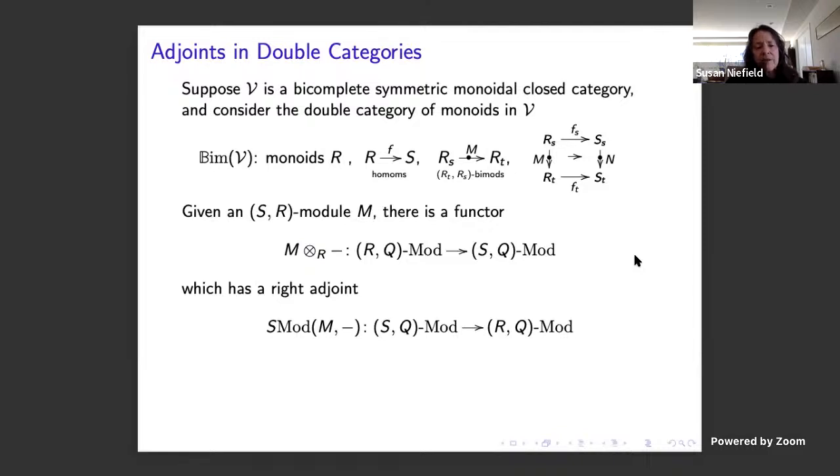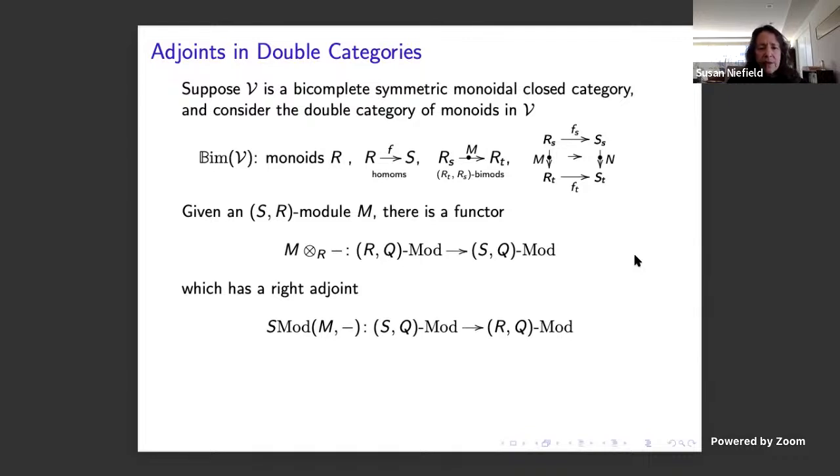Okay, let me remind you, given an SR bimodule M, there's a functor, and this is for any monoid Q, you get a functor M tensor over R blank that goes from RQ modules into SQ modules. Okay, so basically, if you have an RQ module and tensor on the right, you get an SQ module.